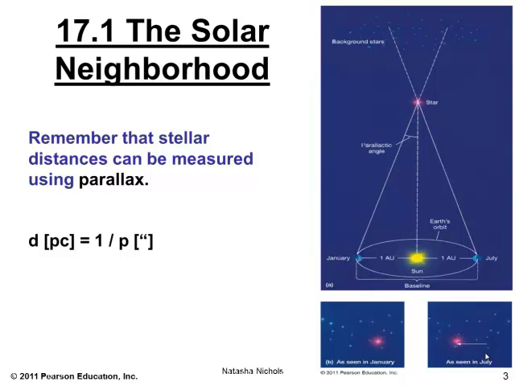If we take a photograph of a nearby star and then wait 6 months, Earth will have moved halfway around its orbit. We can then take another photograph of the star from the other side of the Earth's orbit, which is going to be 2 AU from the point where the first photograph was taken. So we end up having a baseline that is equal to the diameter of the Earth's orbit, or 2 AU.